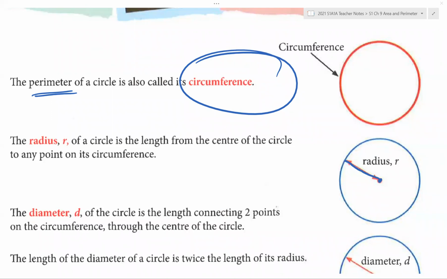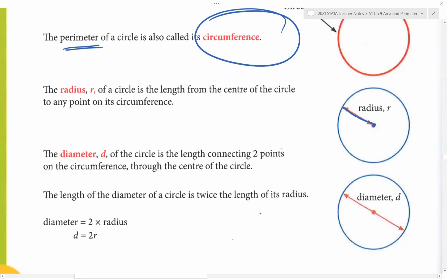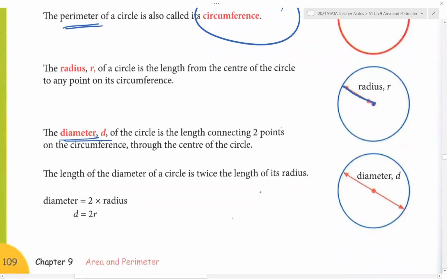So back to the notes. Next, word that we need to know is called a diameter. D for diameter. The diameter is simply the length from 2 points of the circumference, but it must pass through the center.